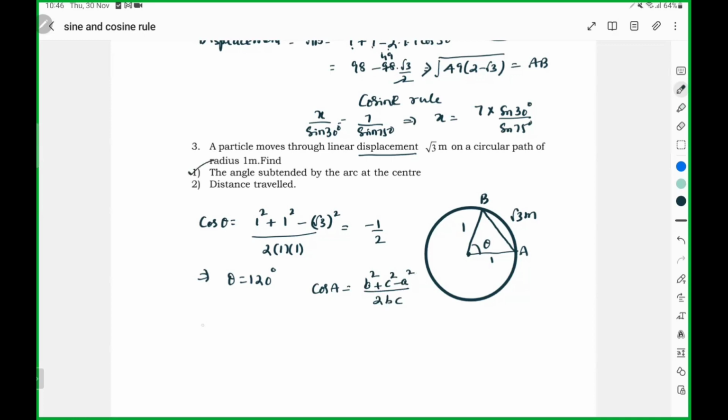And the distance traveled is nothing but arc length, L equal to r theta. Theta here is 120 degrees. You convert in terms of radians, we get 2 pi by 3.